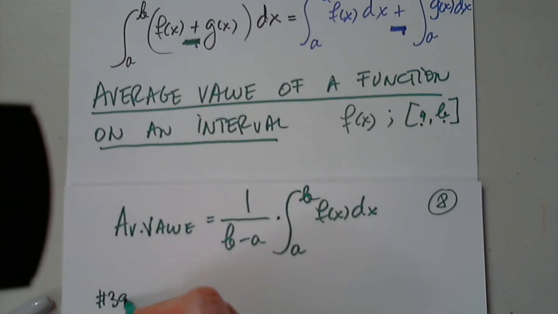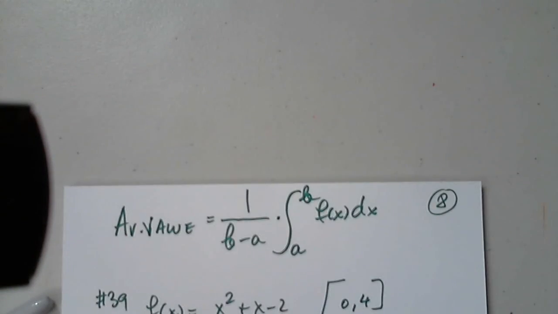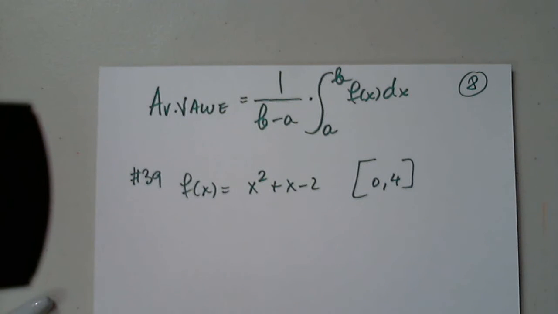In 39, we have f of x equals x squared plus x minus 2, and the interval is 0, 4. Very good pick, an easy, straightforward question as a warm-up.